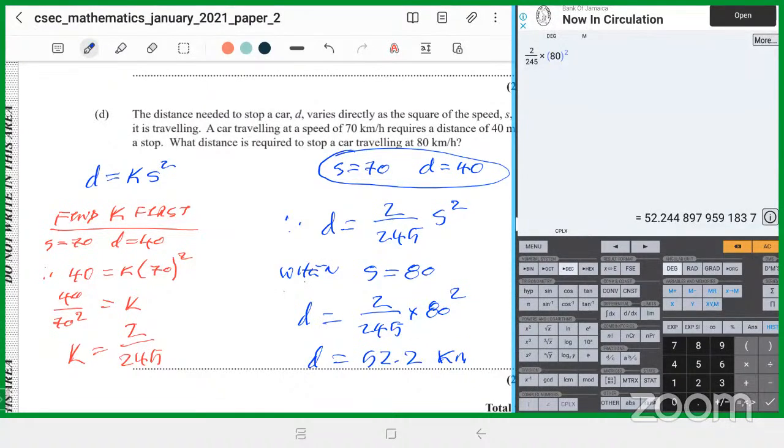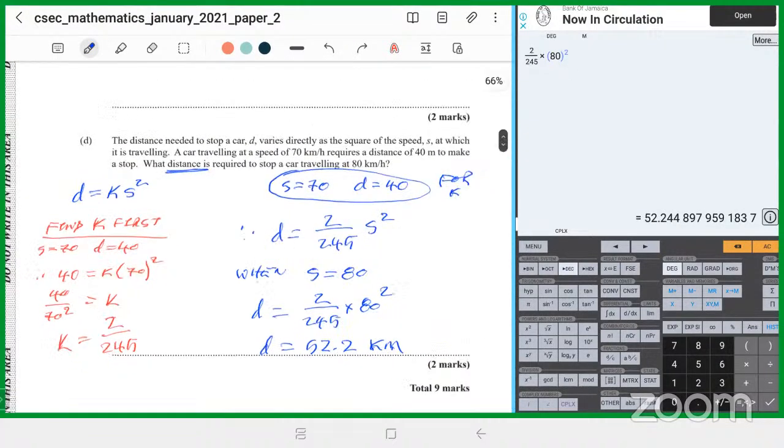The question asks for the distance, so you have to say the distance in units, you can't just give me a D value. No, in meters, actually, meters, not kilometers. My mistake. So the distance is actually in meters. Kilometers is a long distance, it has to be meters, right? So it's 52.2 meters. That's the answer.